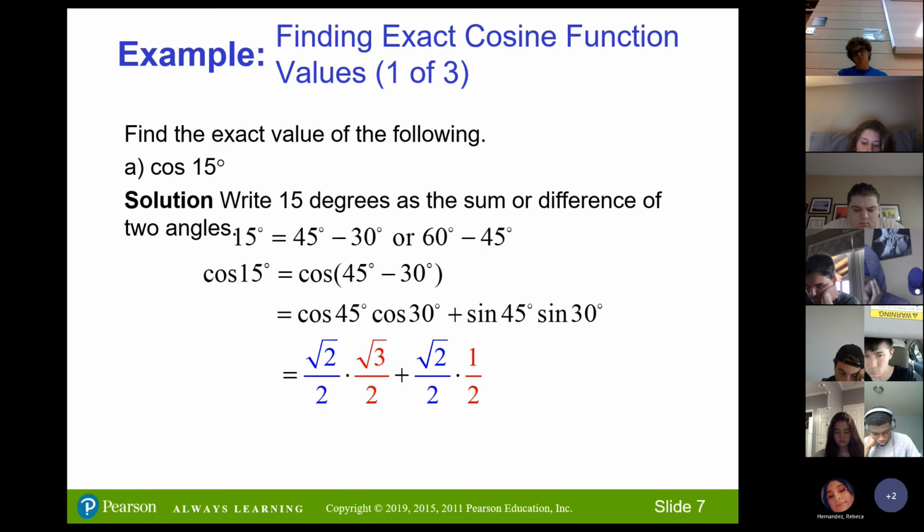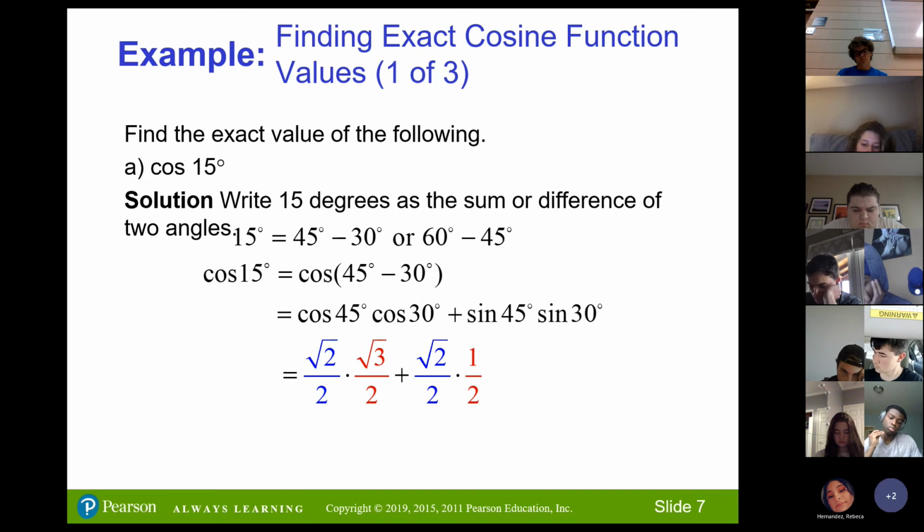All right, what did y'all get? The square root of 2 times the square root of 3 is square root of 6 over 4, minus the square root of 2 over 4. That's equal to the square root of 6 minus the square root of 2 over 4.